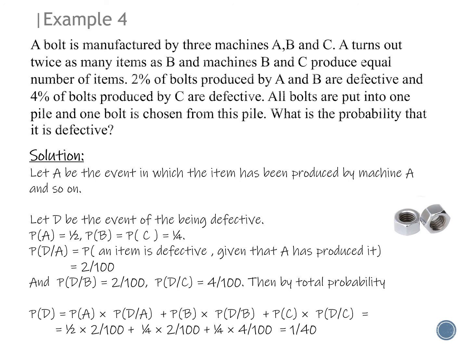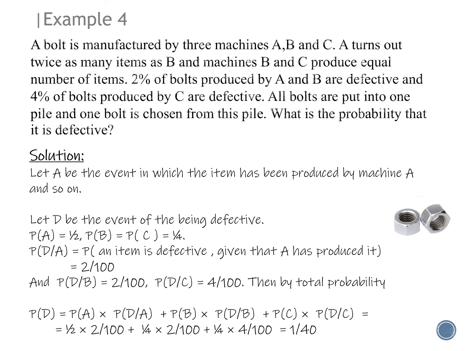Now, we find probability of D given A. That is, the probability that an item is defective given that A has produced it. It's given in the problem that 2% of bolts produced by A and B are defective. That means 2% is 2 divided by 100. Similarly, probability of D given B equals 2 by 100, and probability of D given C equals 4 by 100, where the problem says 4% of bolts produced by C are defective.